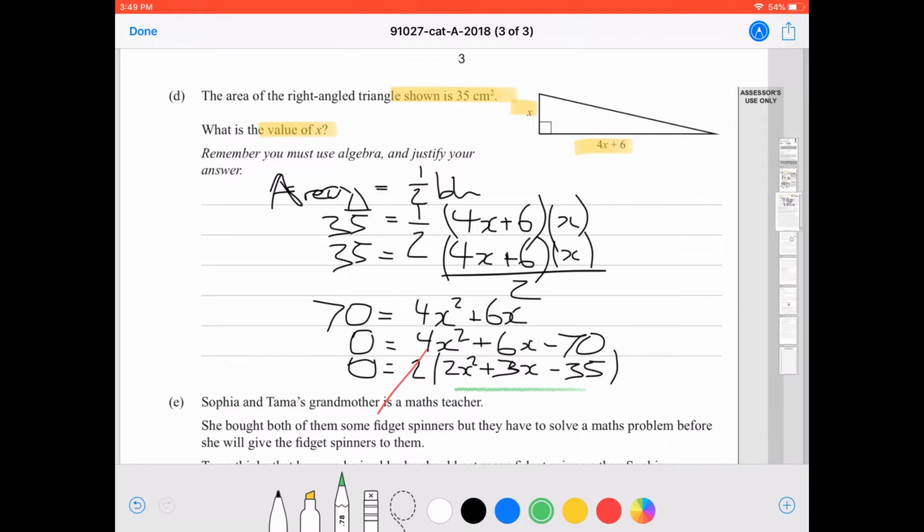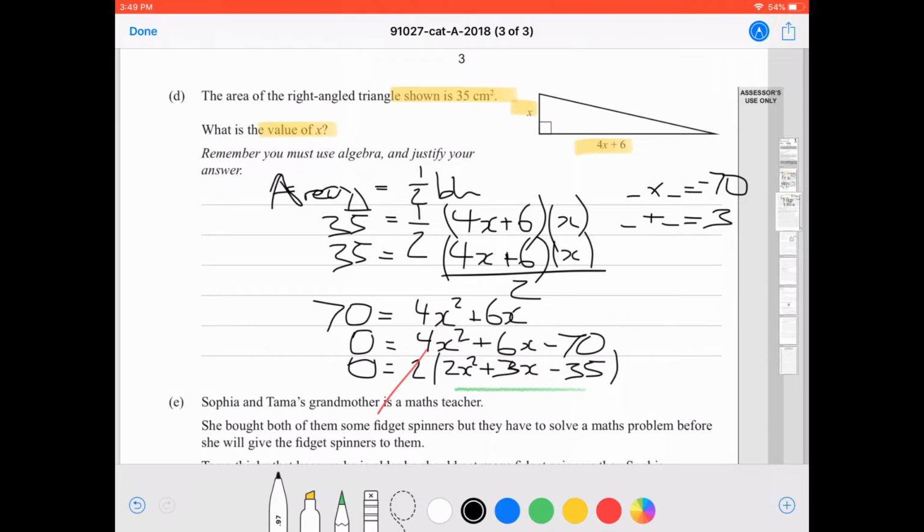Once again, we multiply a by c, so 2 times negative 35 is negative 70, meaning we're looking for 2 numbers that multiply to give negative 70, and the same 2 numbers that add to positive 3.